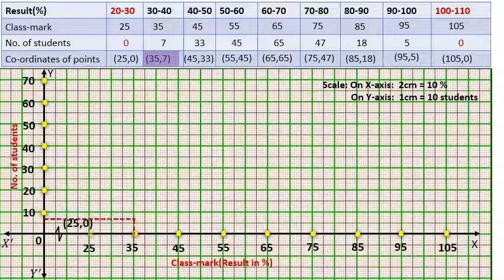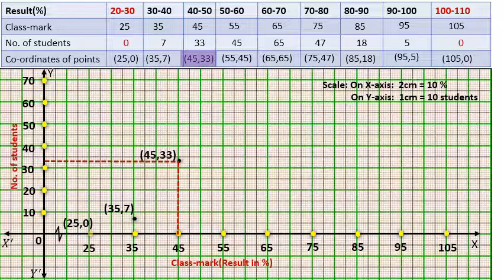The next point is 35, 7. Similarly, we plot the remaining points.